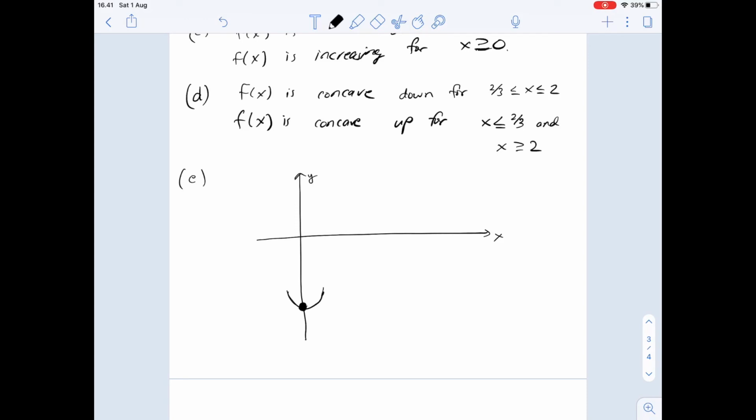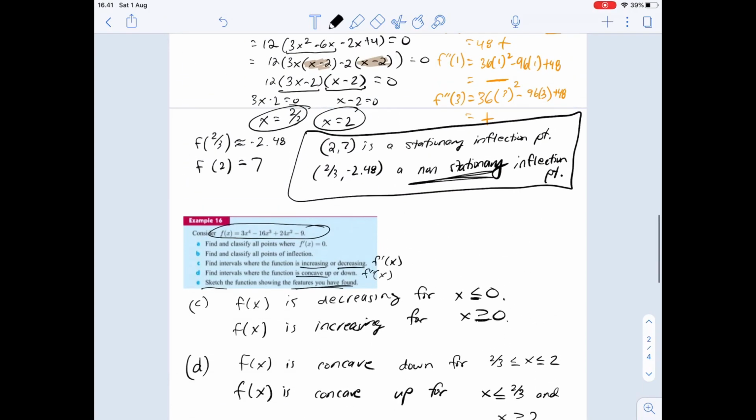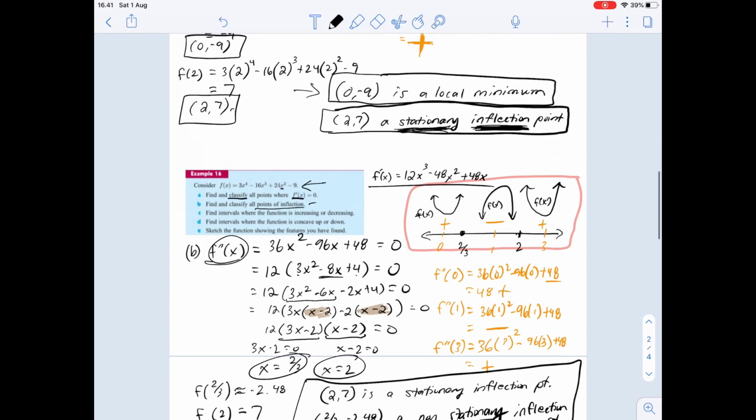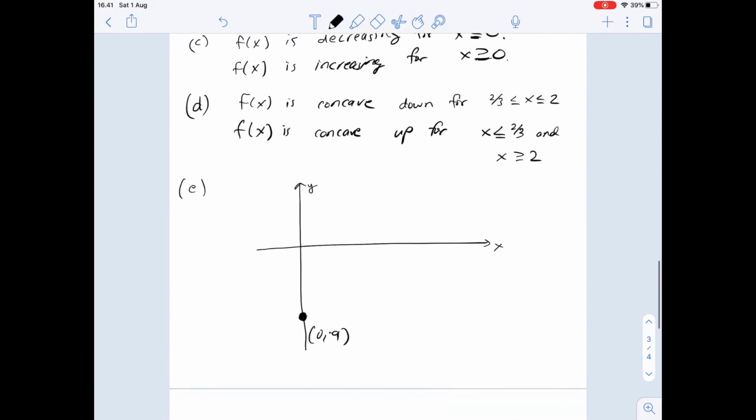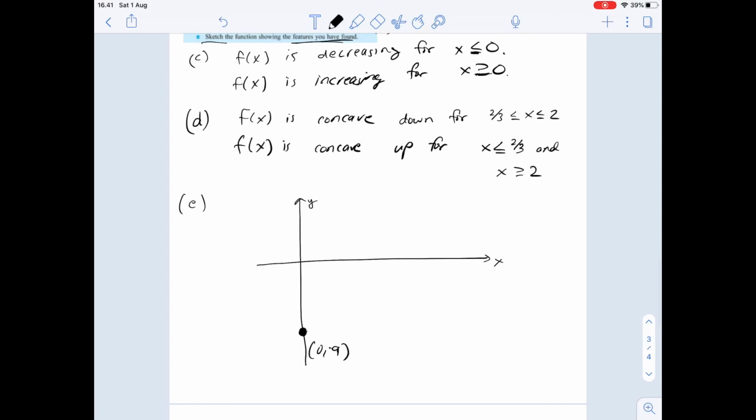Let's just start with the points here. That's (0, -9). It says that (2, 7) is a stationary inflection point. So we'll make this 2, and we'll call this (2, 7)-ish. All right.